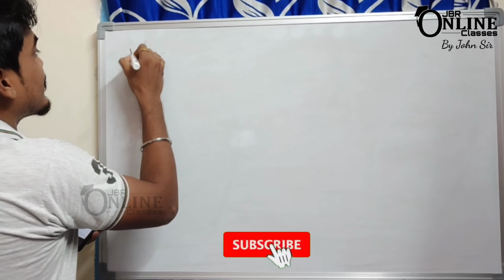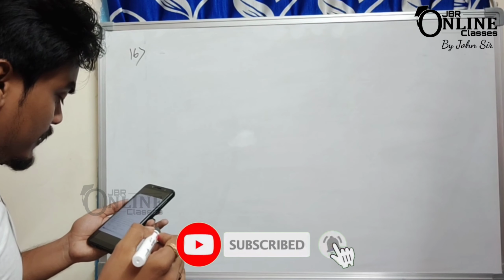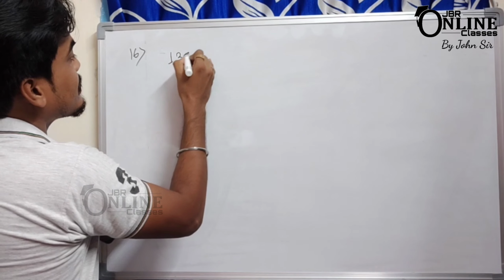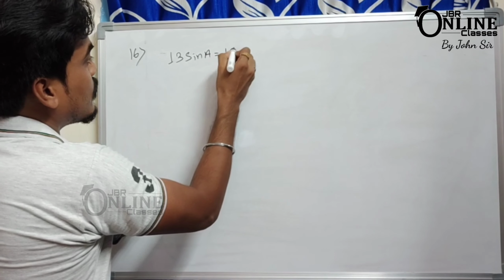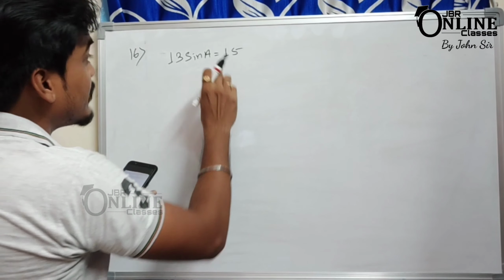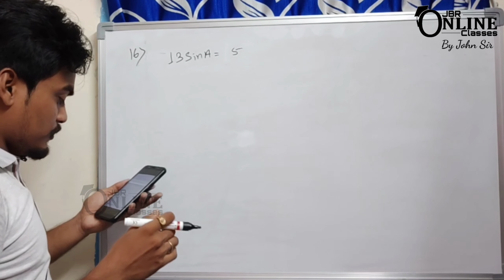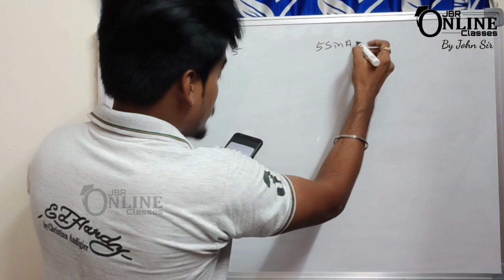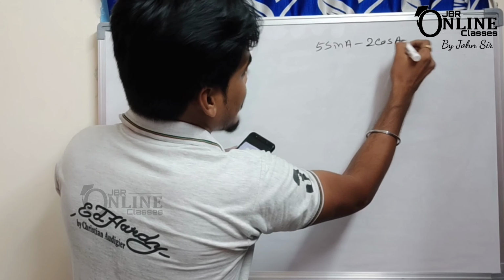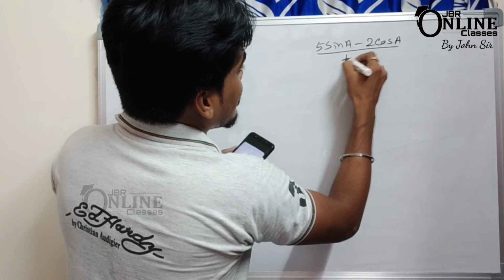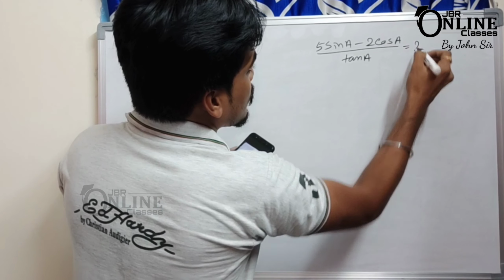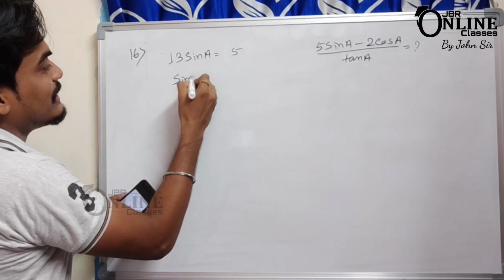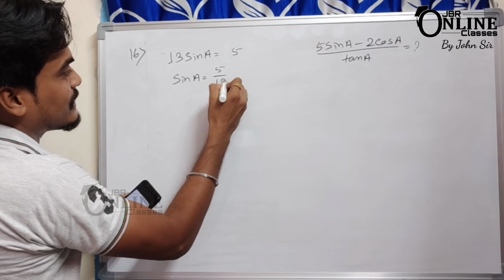Now next, sum number 16. In sum number 16, if A is an acute angle and 13 sin A equals 5, it's given, then evaluate 5 sin A minus 2 cos A, divided by tan A. Okay, so here 13 sin A equals 5, that means sin A equals 5 by 13.